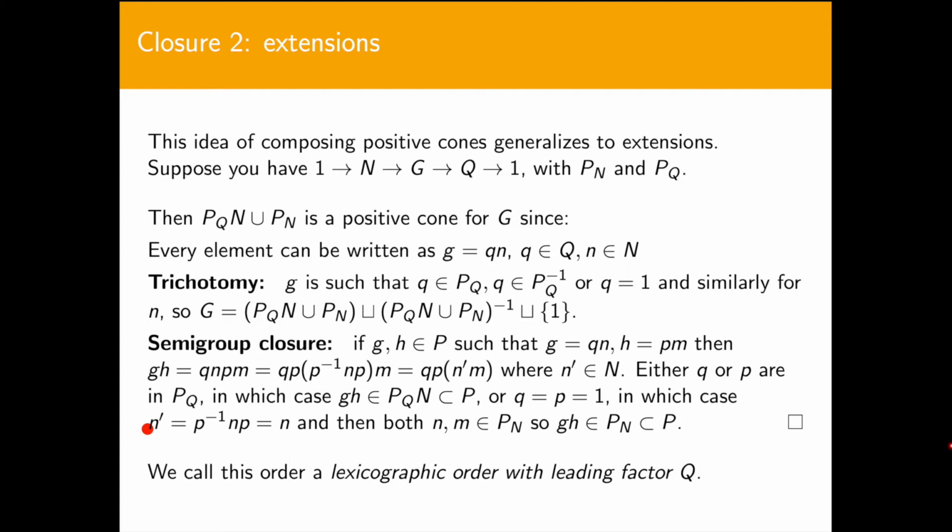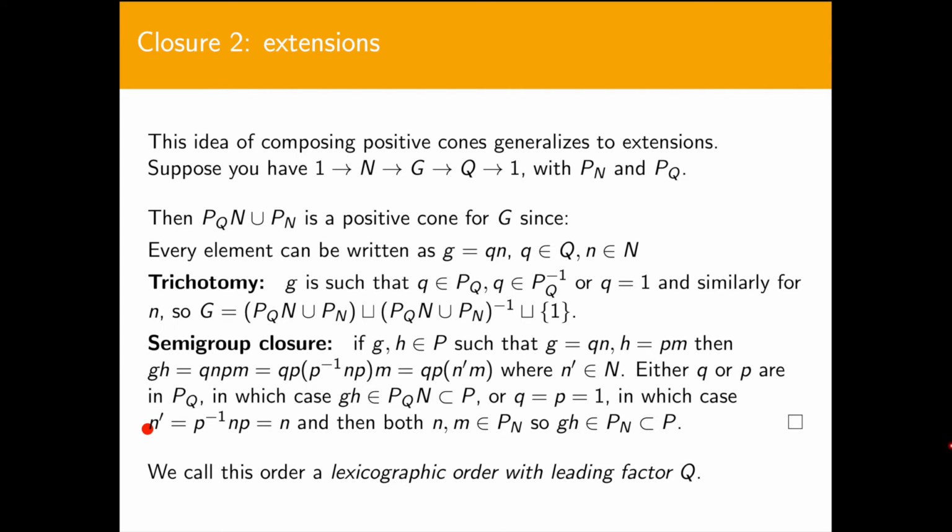For the second closure property, if G and H are in P such that G is equal to qn and H is equal to pm, then you want to say that GH is in P. And the way you're going to do that is to rewrite GH in the appropriate form. So GH is equal to qn pm, but we want to slide the p to the left.